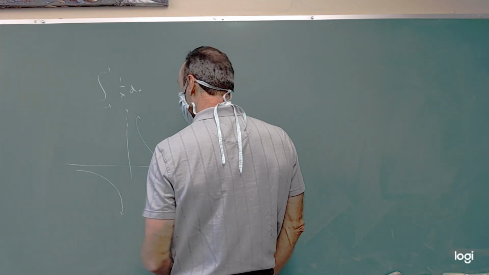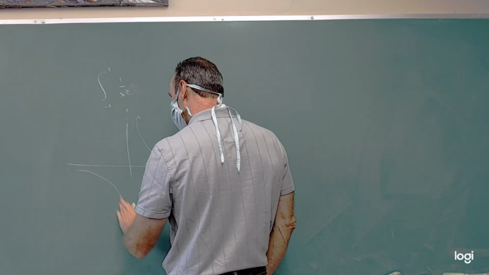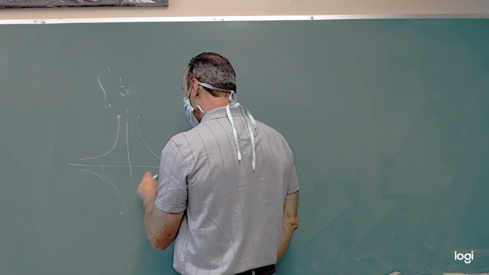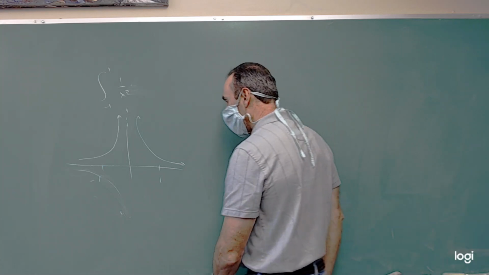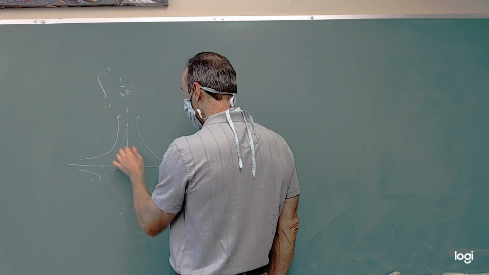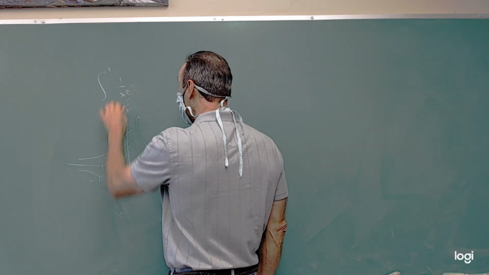Or let's make it 1 over x squared, so we'll just make it be the volcano graph. So suppose we are doing this, and we want to know, can we find that area between the curve and the x-axis with that kind of infinite chimney kind of thing?